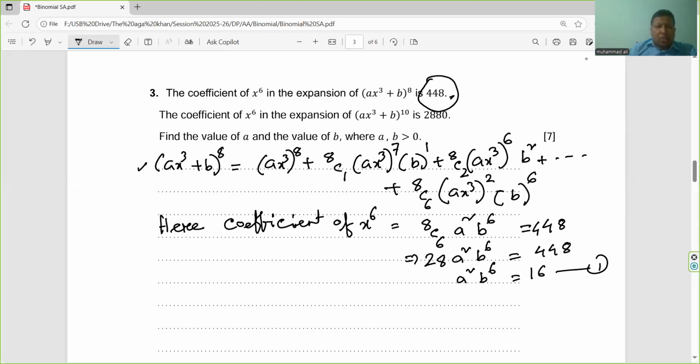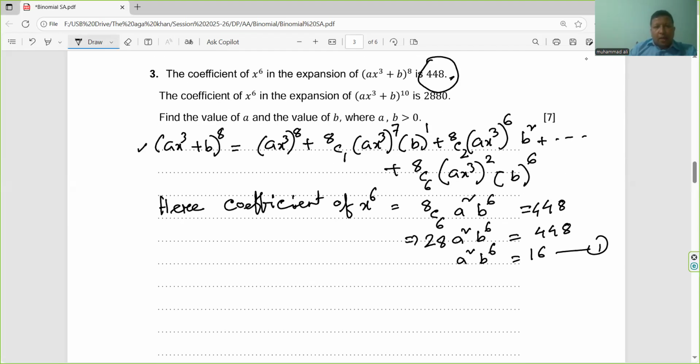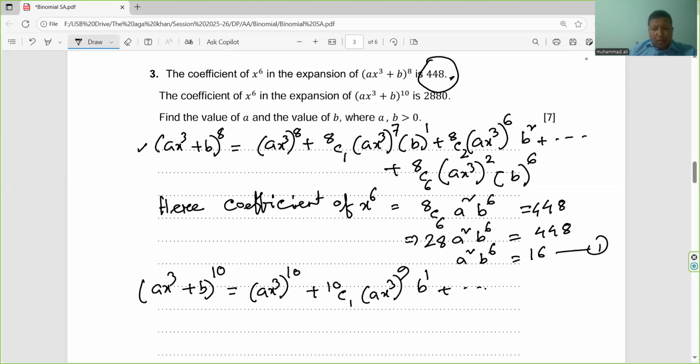By using this type of expansion for (ax^3 + b)^10, if we expand it, we get (ax^3)^10 plus 10C1 (ax^3)^9 b^1. If we proceed, we'll get 10C8 (ax^3)^(10-8), that is 2, and b to the power 8.